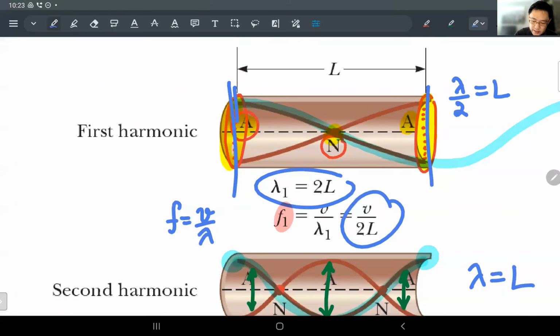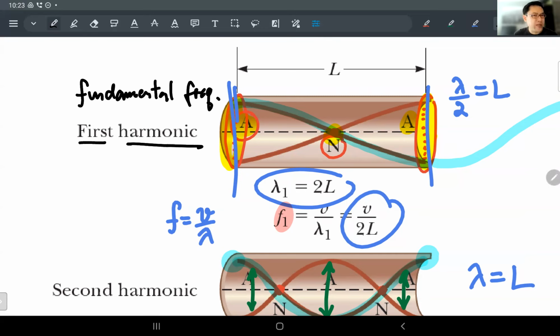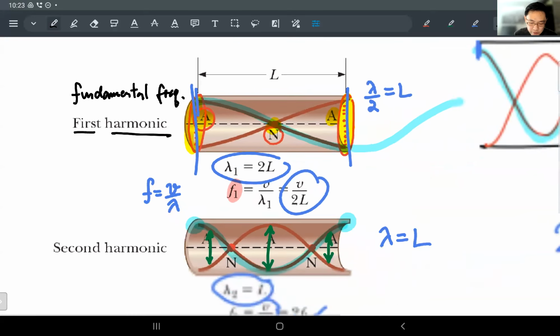All right. And because this is the first frequency that you're going to be able to hear from this one, and is the lowest frequency possible, you call it the first harmonic. All right, this sounds a little bit like music theory, I guess. I don't know. All right, now move on to the next.